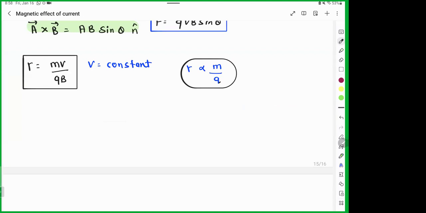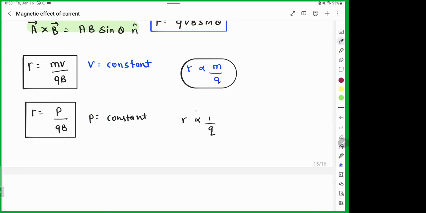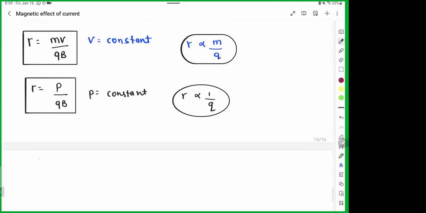Okay, understood. Second, you also know instead of mv, we can write P linear momentum by qB. If it will be given in the question, if linear momentum is constant, then R will be inversely proportional to charge. Correct? You know P is equal to under root 2ME. Here E is kinetic energy. You can write K or E by qB.